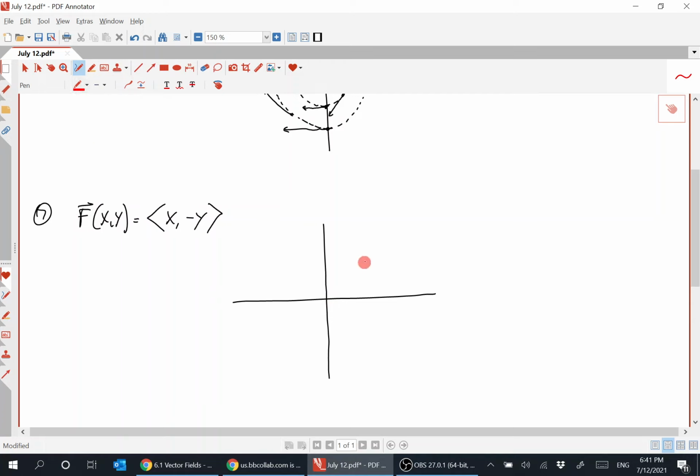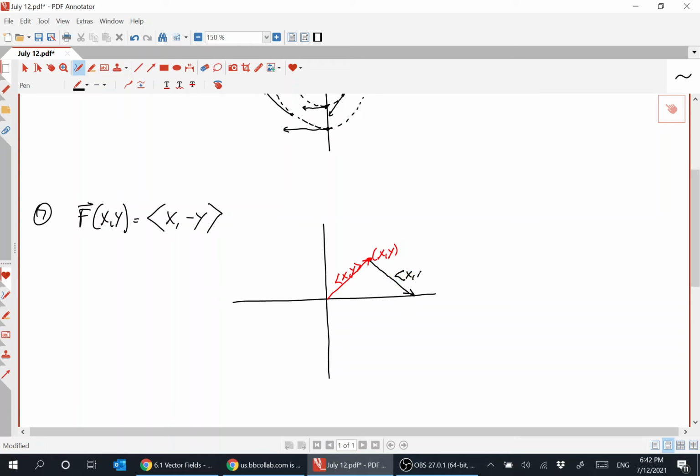So here's the point x, y right here, say. And here's the position vector from the origin. So that's point x, y. This is vector x, y. So the vector x, minus y, at this point x comma y, is going to have the same x coordinate, but the negative of the y coordinate. So it points like this.